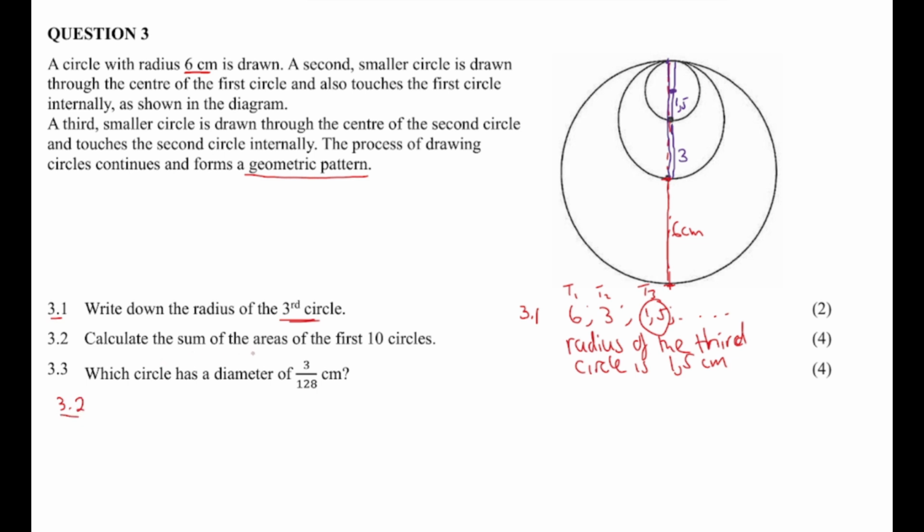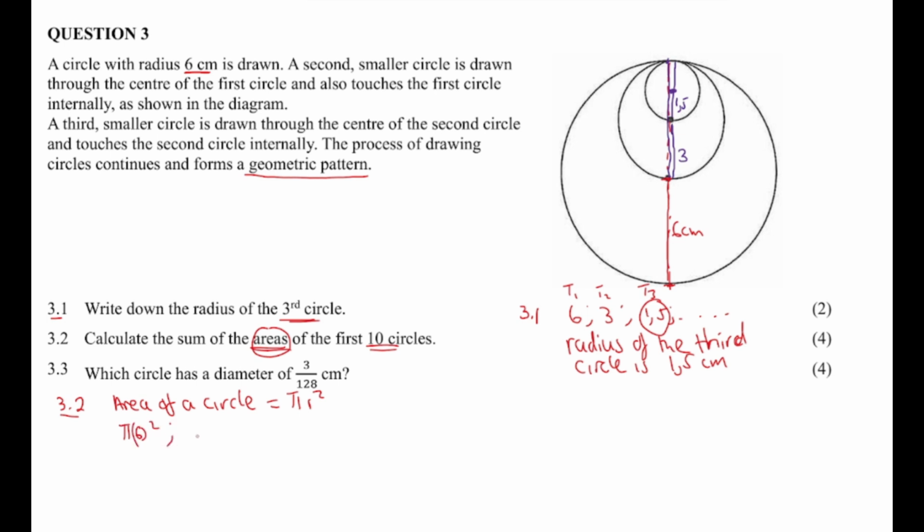3.2 says calculate the sum of the areas of the first 10 circles. Please take note, we're talking about the areas of the circles. Remember, area of a circle is equal to pi times radius squared. So the first circle is going to be pi times 6 squared.